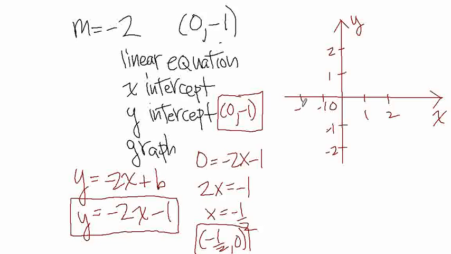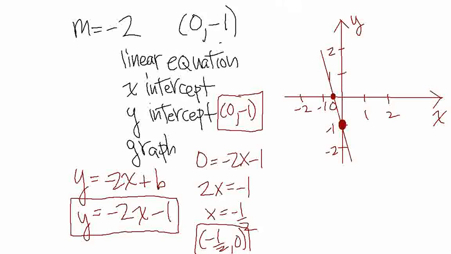Give me a minute to finish making my XY coordinate plane. All right, so let's see, (0, minus 1) and (minus 1/2, 0). So the line looks something like that. All right.